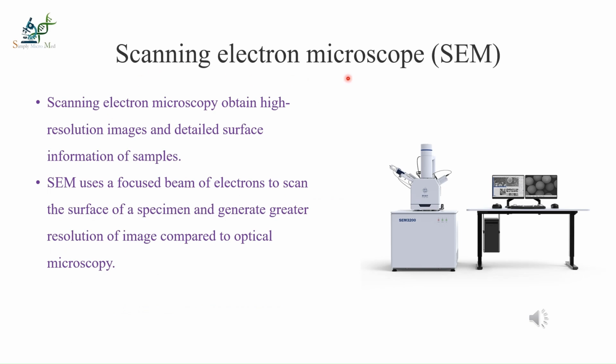Scanning electron microscope, also called SEM. Scanning electron microscopy obtains high resolution images and detailed surface information of the sample. The scanning electron microscope uses a focused beam of electrons to scan the surface of the specimen and generate greater resolution of image when compared to optical microscopy.